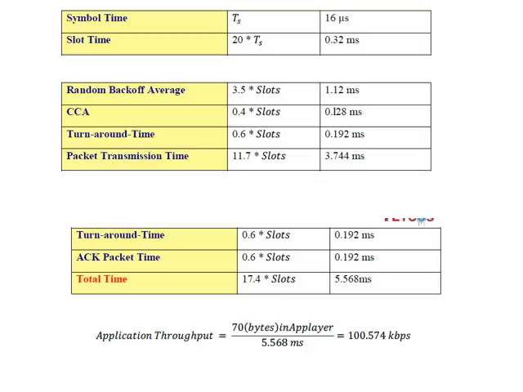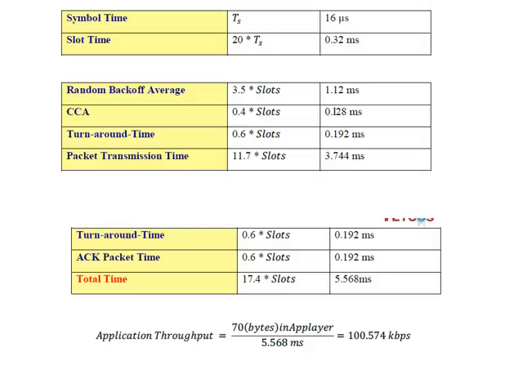Now at the destination node, the turnaround time turns out to be 0.6 slots, and the acknowledgement time is also the same, as discussed in the timing diagram in the previous slide. Because both of these are 0.192 milliseconds, the total time is the sum of all of these, that is, the time required for transmission at the source node and the time required for reception at the destination node.